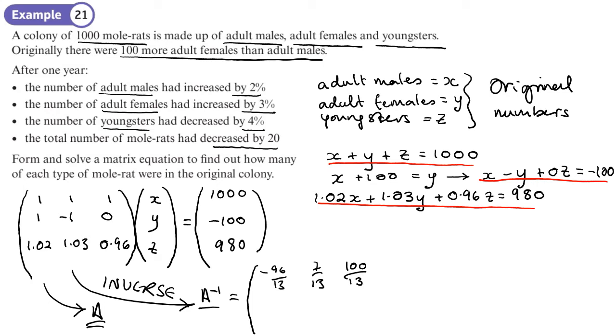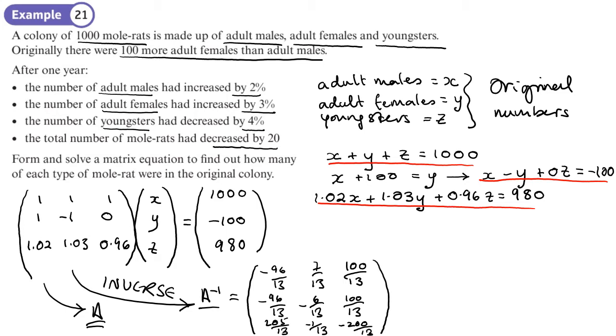Now if they're all going to be over 13, I suppose we could put 13 at the front. So negative 96 over 13 down here. Negative 6 over 13. 100 over 13. Down to the bottom row. 205 over 13. Negative 1 over 13. And negative 200 over 13. So that's what I get from my calculator.